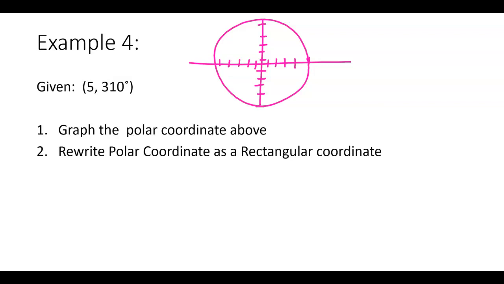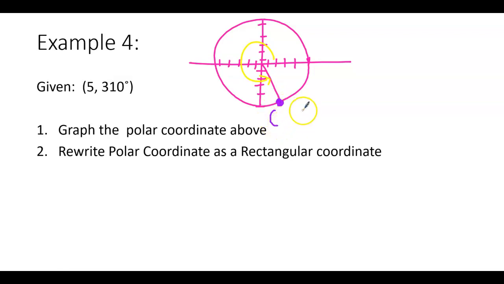Now 310 degrees would probably be right about here, giving me my central angle there. Like that, about 310 degrees. The point that I want to find the rectangular coordinates for would be right here.